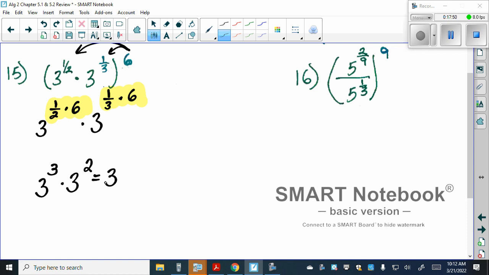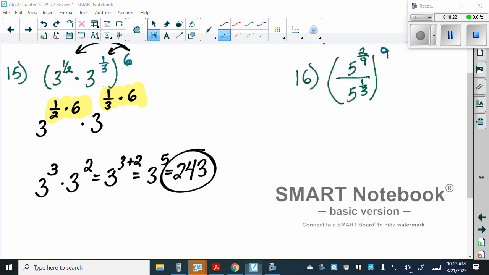Whenever the bases are the same, we can add the exponents. So it'd be 3 to the 3 plus 2, which is 3 to the 5th, which we can simplify, because at that point we can just type that into the calculator. 3 to the 5th would be 243.